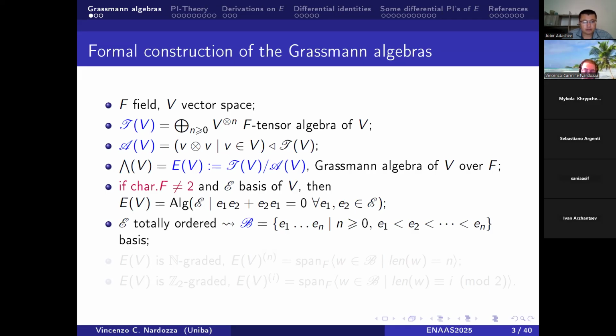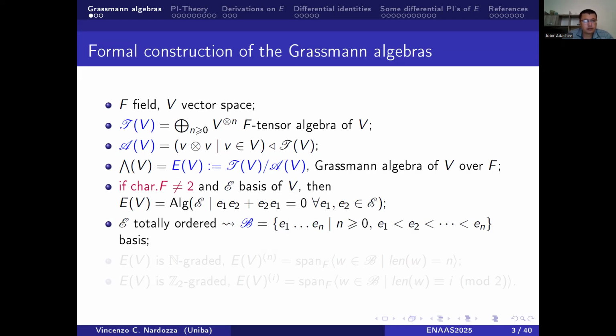But if we fix a basis of V, then the Grassmann algebra of the vector space can be presented as the unitary associative algebra generated by the elements of the basis, with respect to the relations given by e1 e2 plus e2 e1 equals 0 for all e1, e2 in the set of generators.